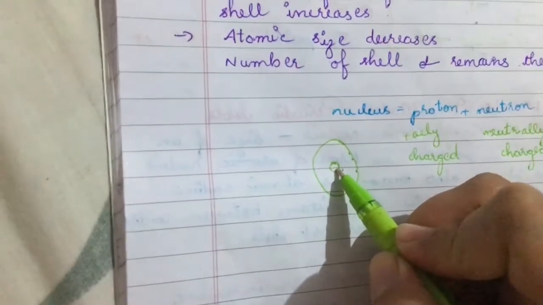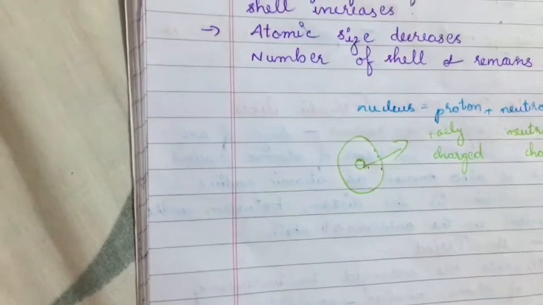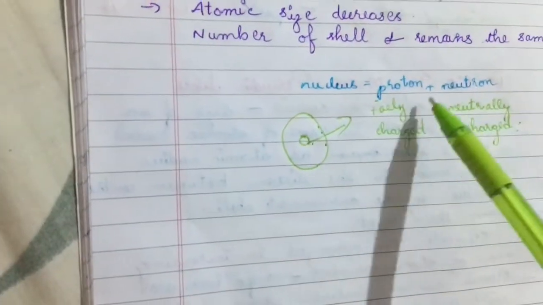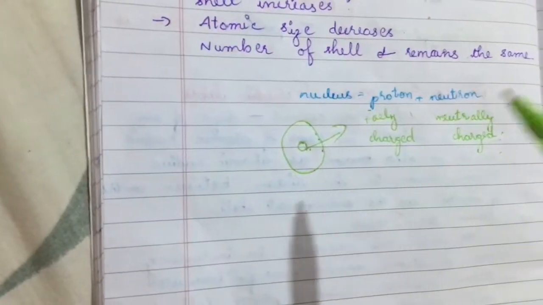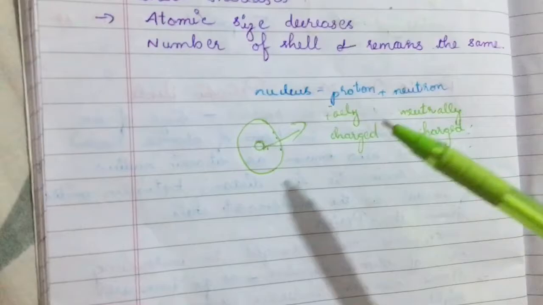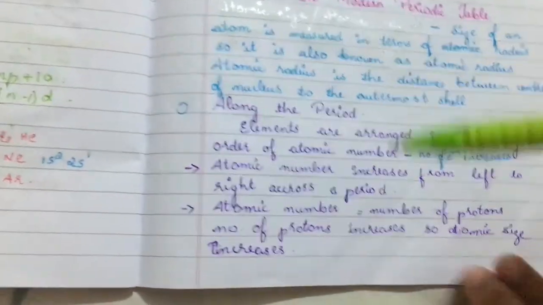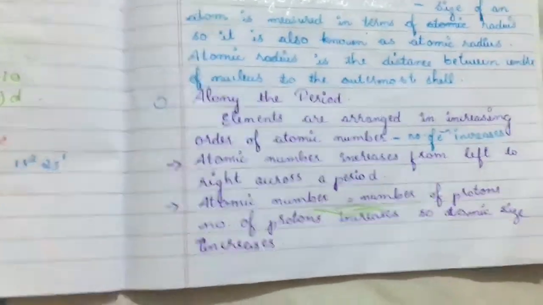This nucleus contains protons as well as neutrons, and the protons are positively charged and neutrons are neutrally charged. So as we move from left to right across the period, there will be an increase in the number of electrons and protons. So there will be an increase in the atomic number, and the atomic number is equal to the number of protons.